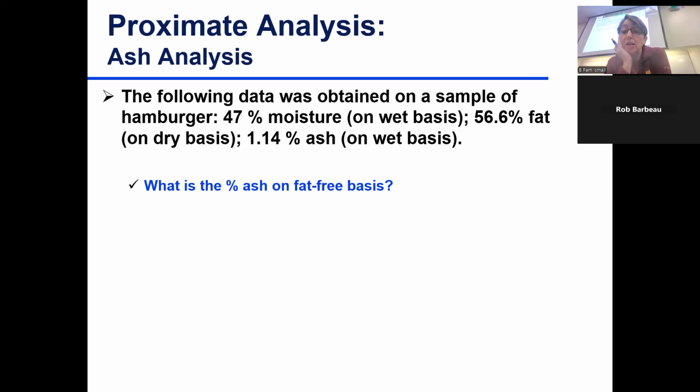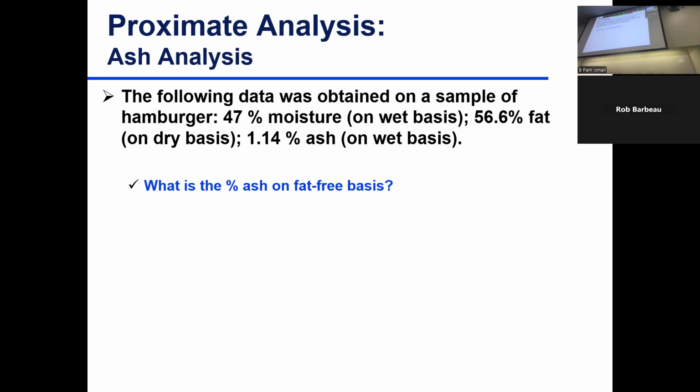What is the percent fat, on what basis? 30%. So now your fat content is 30%.